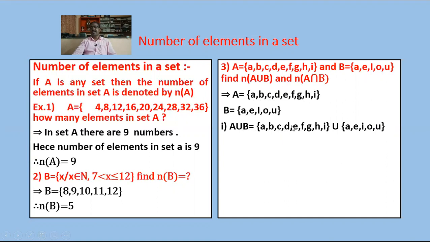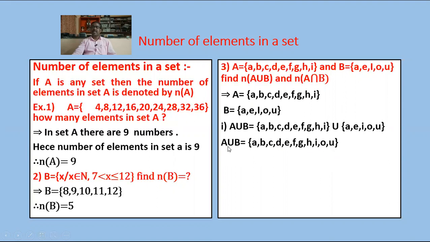A, B, C, D, E, F, G, H, I, union A, E, I, O, U. Take all elements in a single set: A, B, C, D, E, F, G, H, I, O, U. This is A union B.